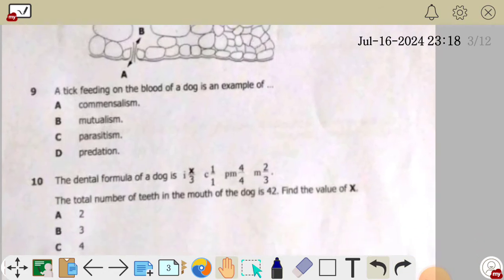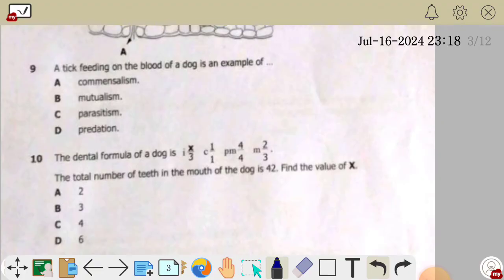Question 9. A tick feeding on the blood of a dog is an example of A, commensalism, B, mutualism, C, parasitism, D, predation.